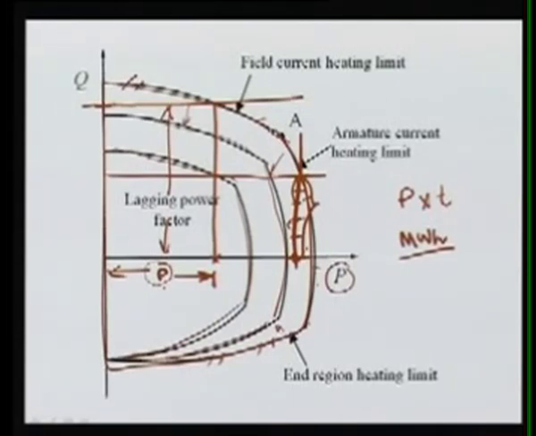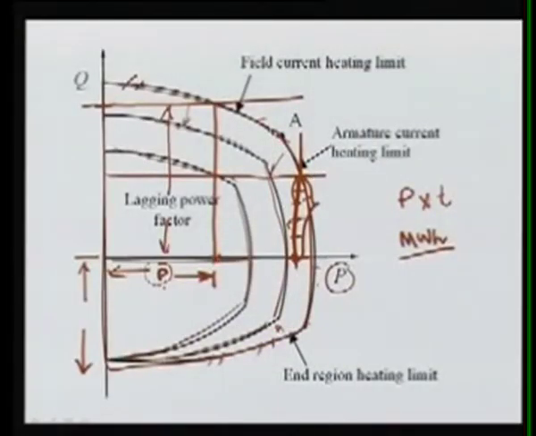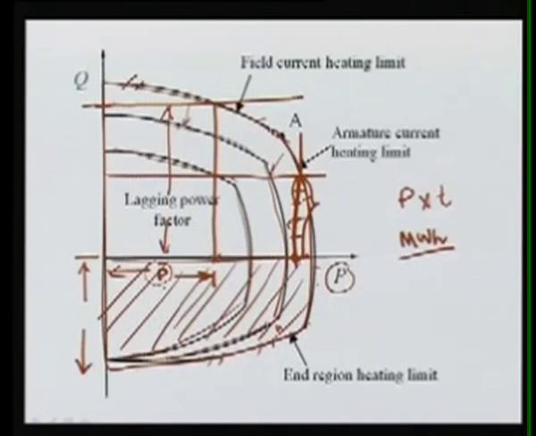One thing I want to mention that is very, very important is that this zone is normally not allowed for the generator to operate. The operating instructions given to the operator are to try not to operate in this zone, because this zone is very, very critical. It creates a lot of vibration and hunting in the synchronous generators.